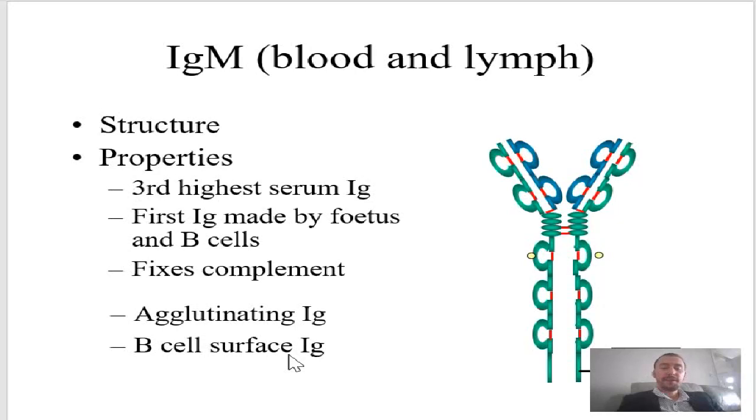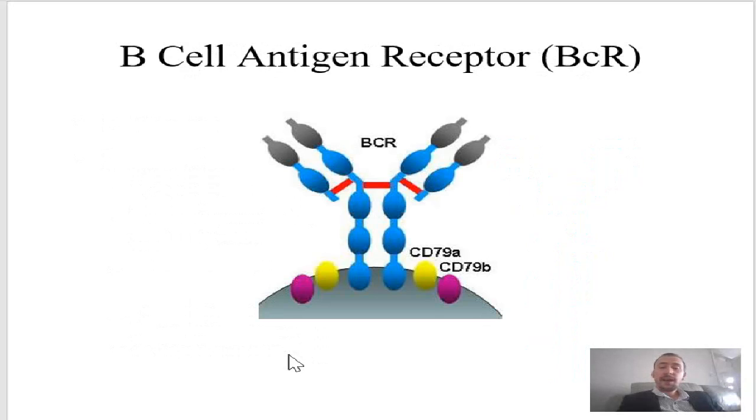One of its main properties is the ability to agglutinate a large amount of antigen very quickly. It's also the first receptor to be expressed on a B cell. The B cell receptor is generally IgM, and it contains CD79A and CD79B, which help to transduce intracellular signals once the antigen is bound to the receptor and cause activation.